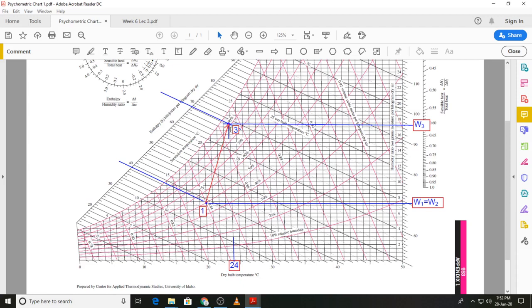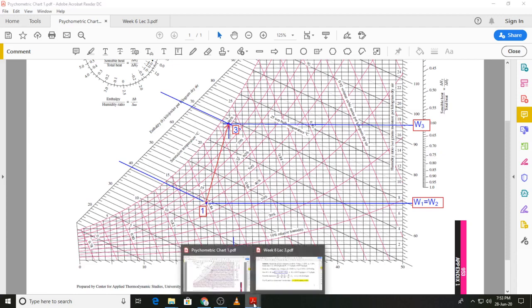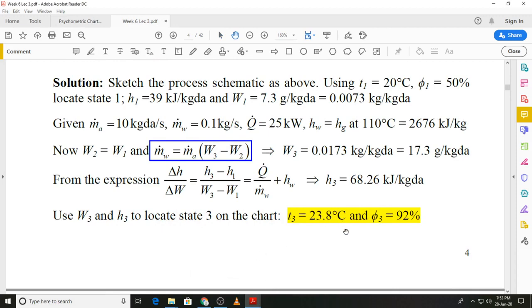You can see the relative humidity is slightly above the 90% relative humidity line, that is around 92%, and the dry bulb temperature is slightly less than 24 degrees, around 23.8 degrees, and these are the values that I have finally given as the answer. That is T3 is 23.8 degrees C and phi3 is 92%.